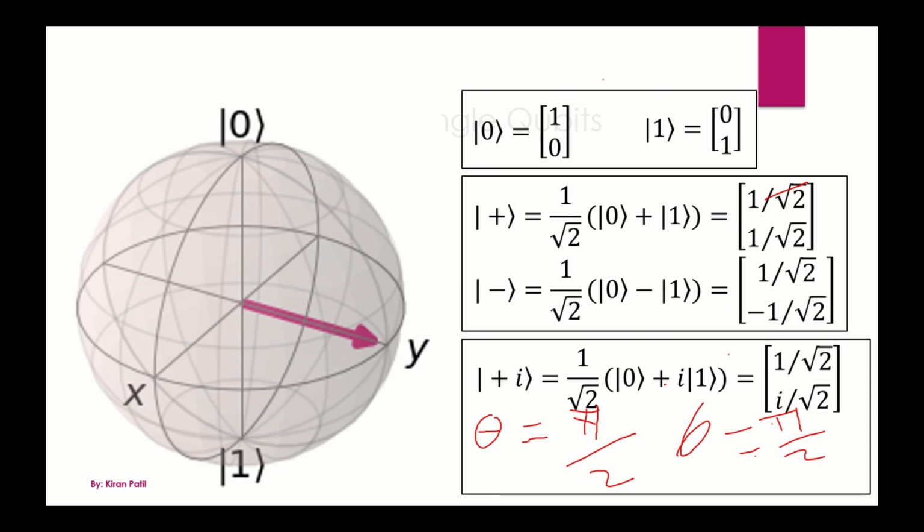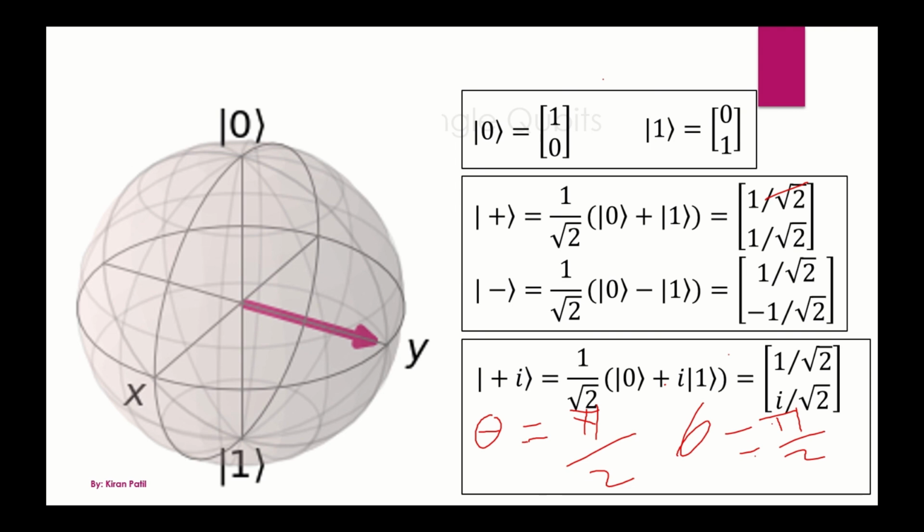If we put these values, we get the equation cos theta by 2, that is cos pi by 4. The value of cos pi by 4 is 1 by root 2. So 1 by root 2 |0> plus e raised to i pi by 2. The value of e raised to i pi by 2 is i. Then sine pi by 4 is 1 by root 2. So we get the equation 1 by root 2 |0> plus i |1>.